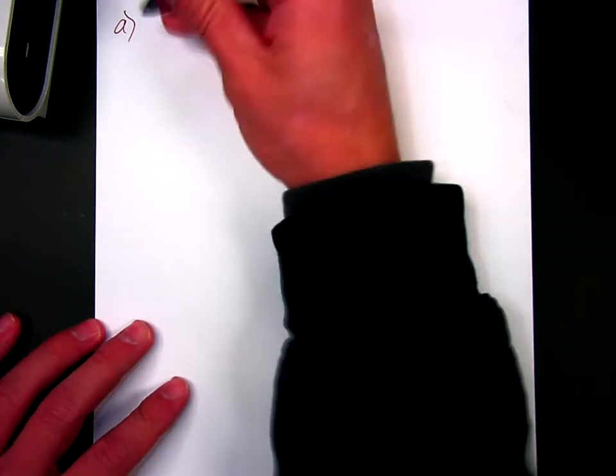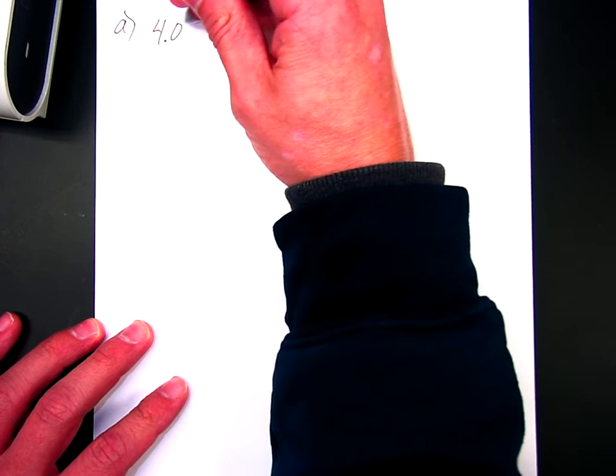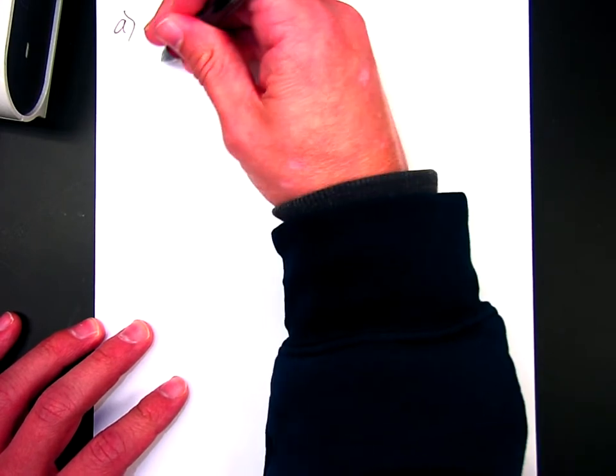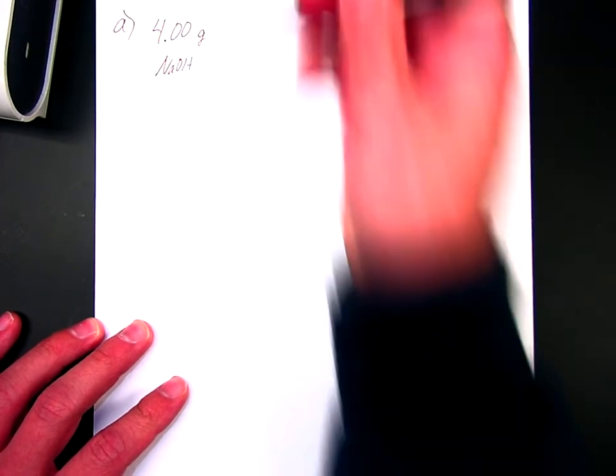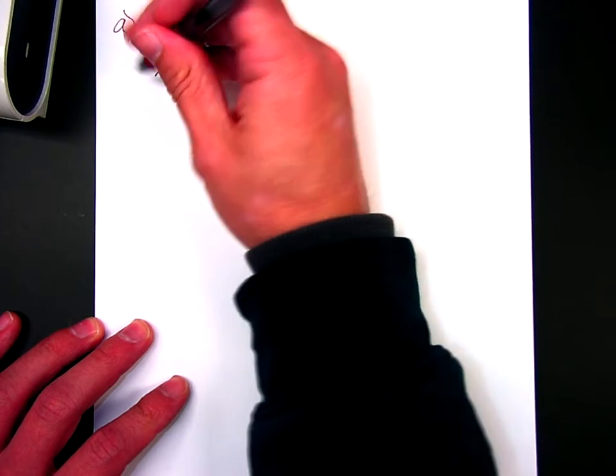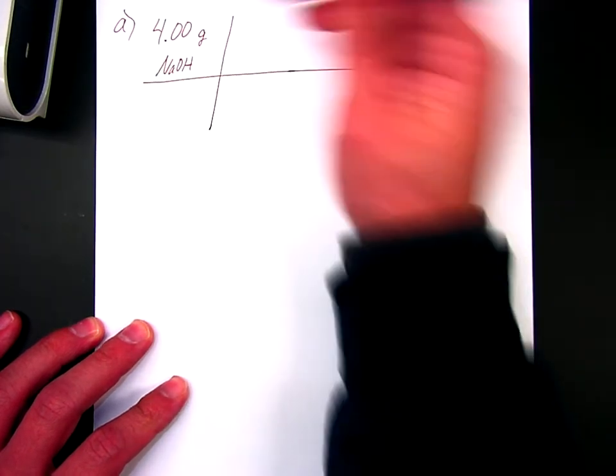because it's giving us grams of the sodium hydroxide and wanting to calculate pH. So grams is definitely no good because I need a molarity for pH. So right away, I can take the 4 grams of sodium hydroxide and let's go ahead and turn that into moles.